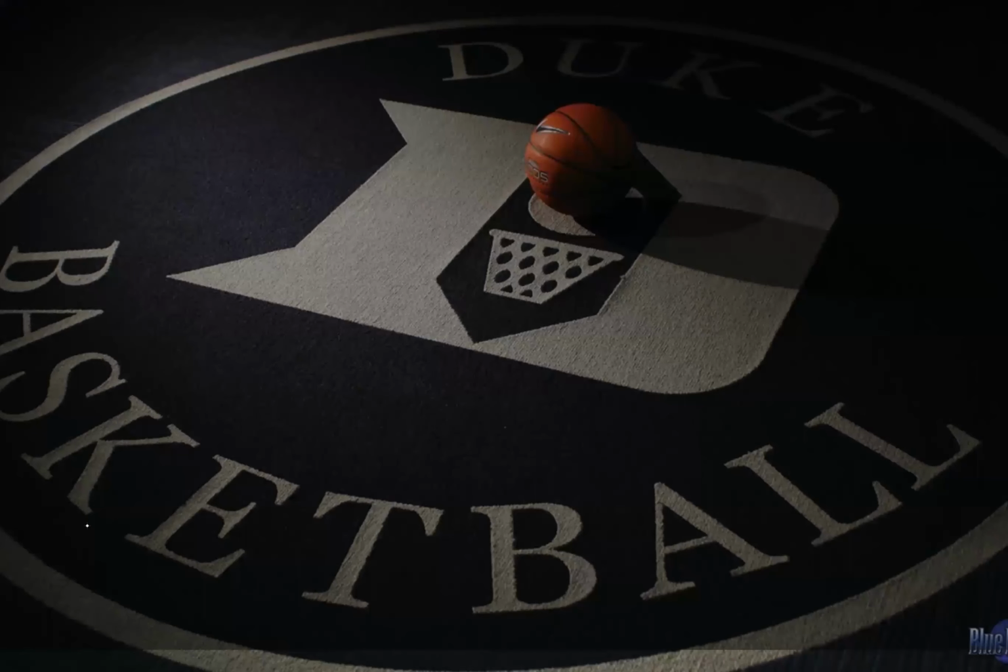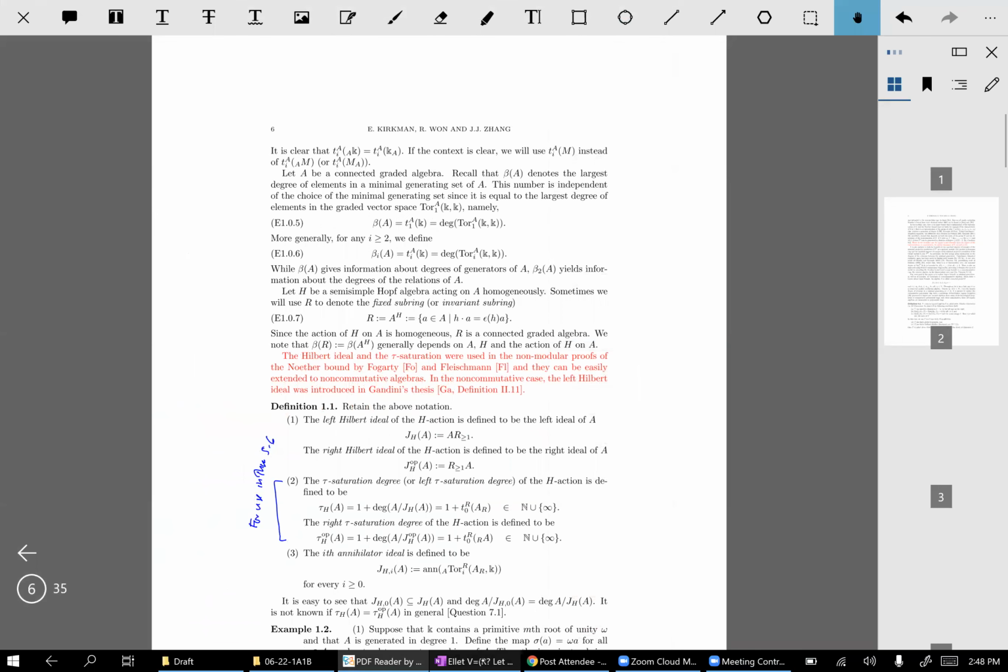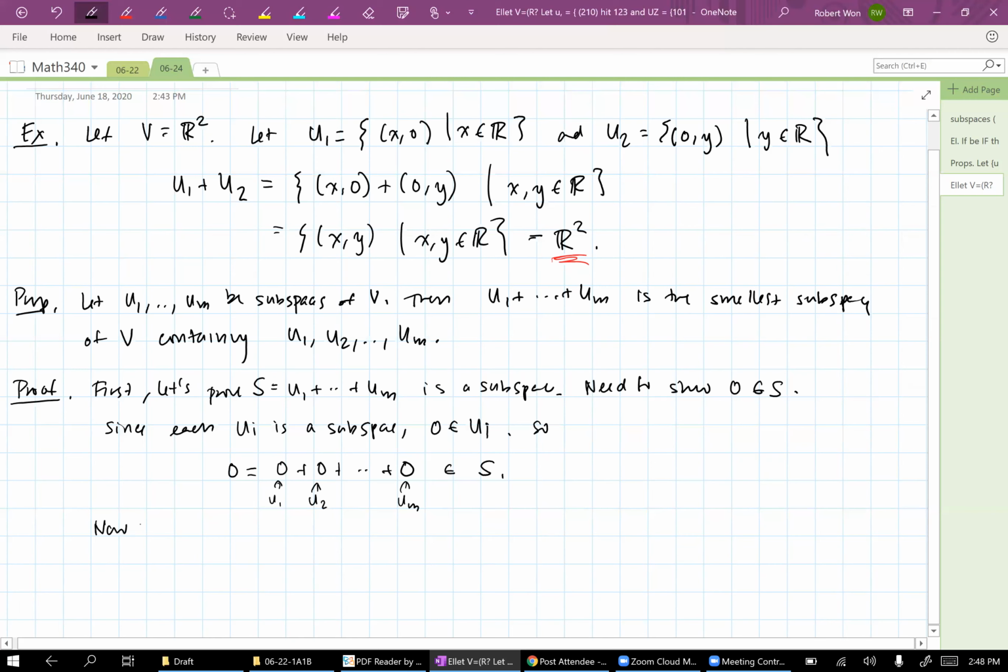So now we need to show that S is closed under addition. You need to take two vectors from S and show that their sum is in S, right? So let's suppose that u and v are both vectors in S. Well, what does that mean?